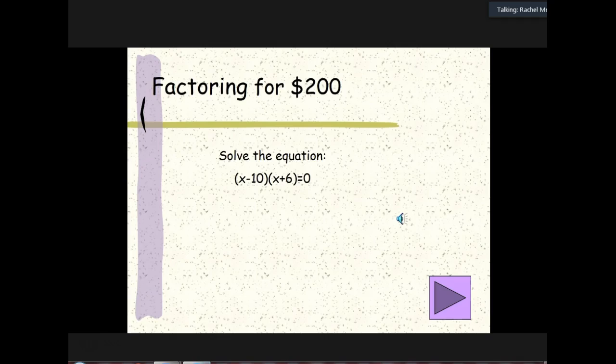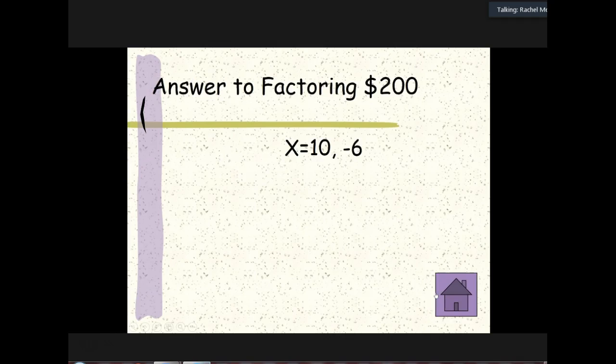That is correct. Guys, don't overthink it. If two factored forms are set equal to 0, the solutions are each of those factors set equal to 0. Hence, 10 and negative 6.